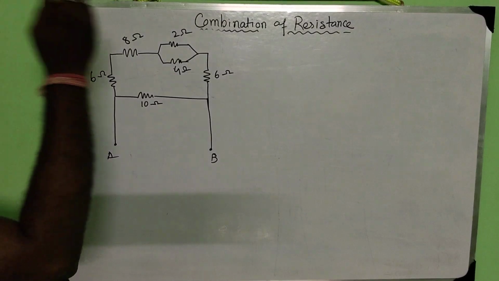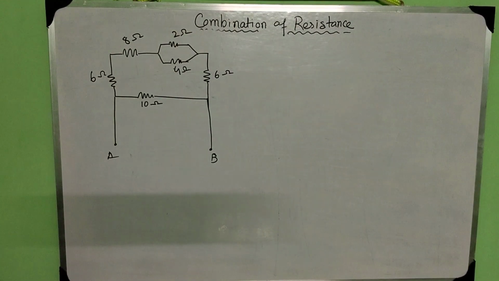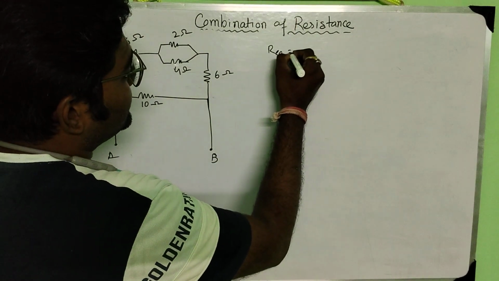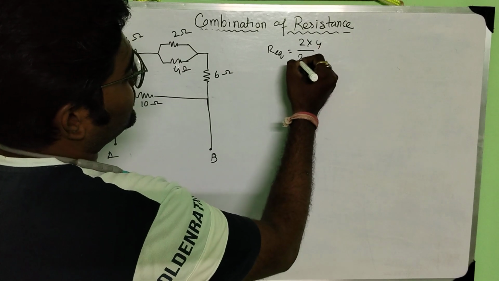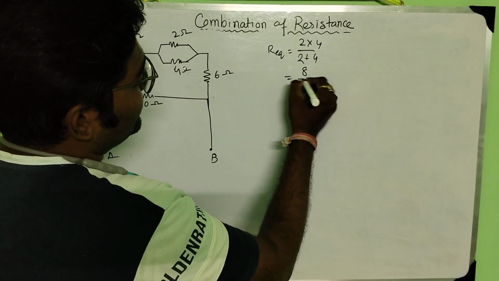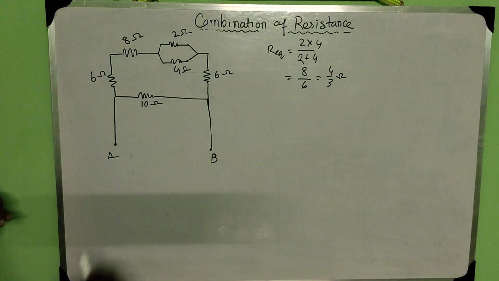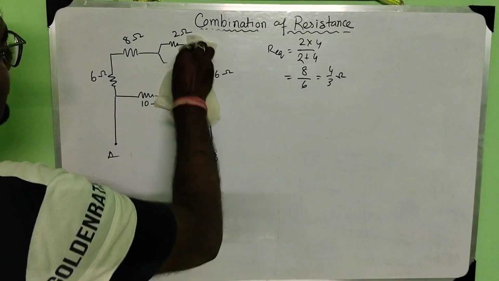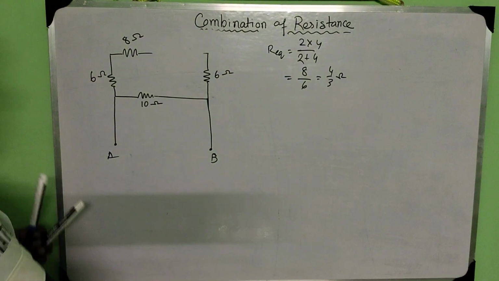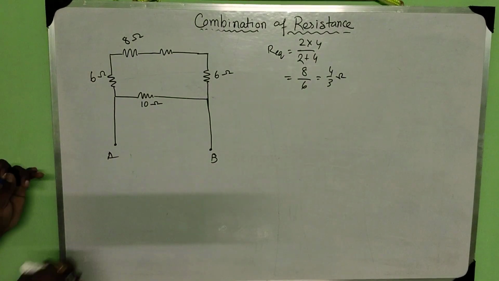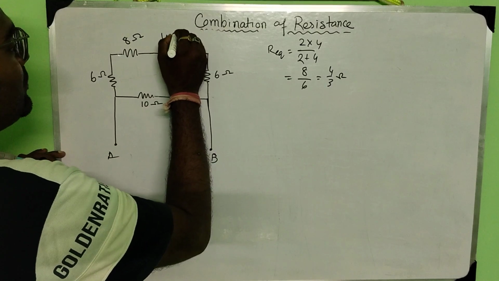See, first of all you can see these two are in parallel combination. So in this case we can write R equivalent will be 2 into 4 by 2 plus 4, that means 8 by 6, that means 4 by 3 ohm. So in place of this I can write it as 4 by 3 ohm.